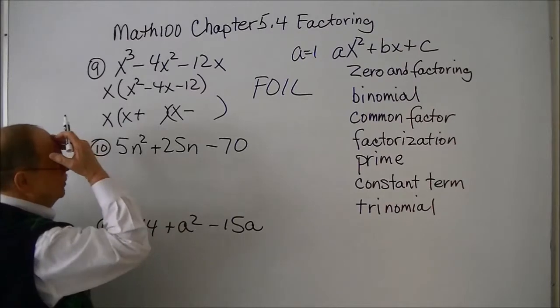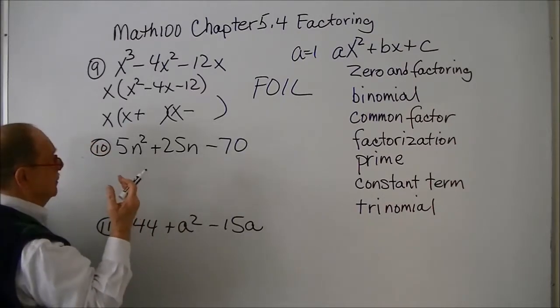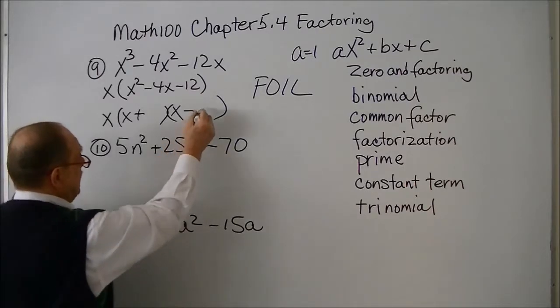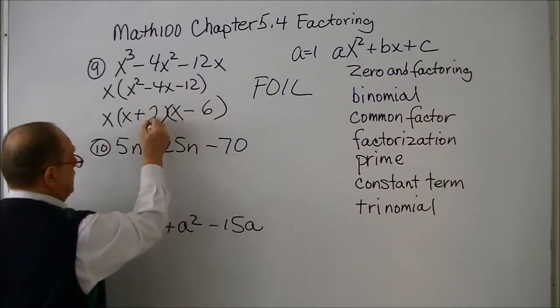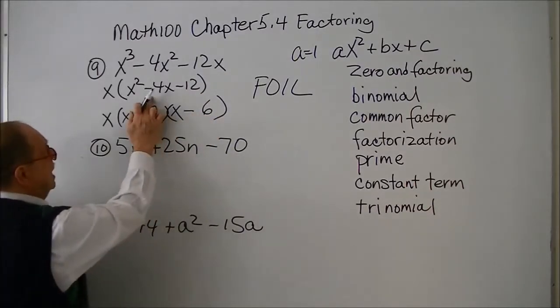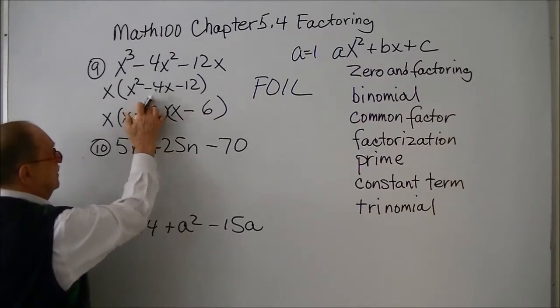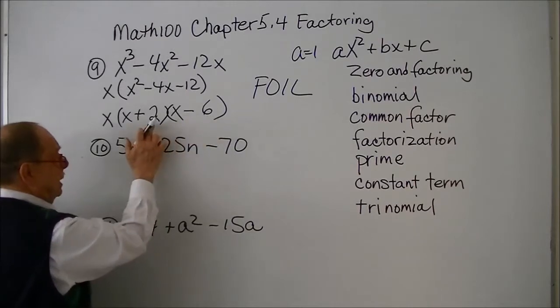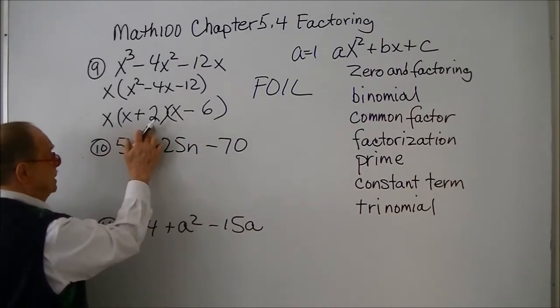And again, I can go through 1 times 12, 2 times 6. And since I knew my middle term is negative, I knew the 6 had to go there, and the 2 would be positive.